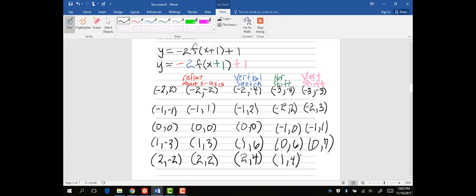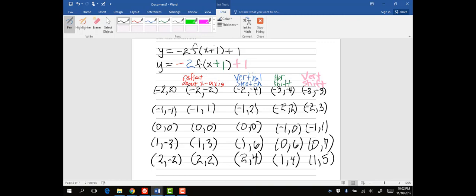Now let's do the vertical shift where we are vertically shifting 1 unit up. We're going to add 1 to the y-coordinate of this point to get the point that is the transformation based upon the function y equals negative 2 f of (x plus 1) plus 1.